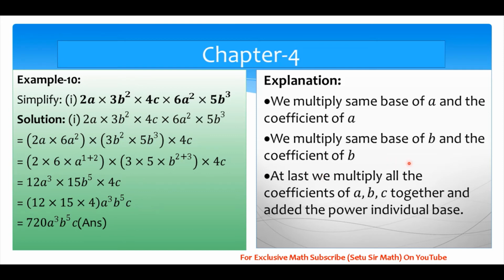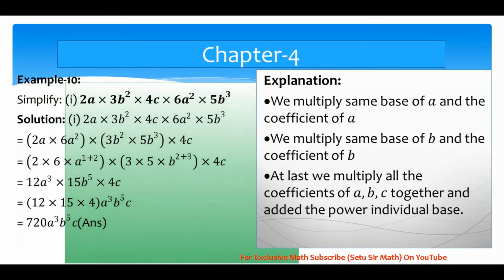At last we multiply all the coefficients of a, b, c together. You can see in here we multiply all the coefficients of a, b, c together and added the power of the individual base. So this is our desired answer.